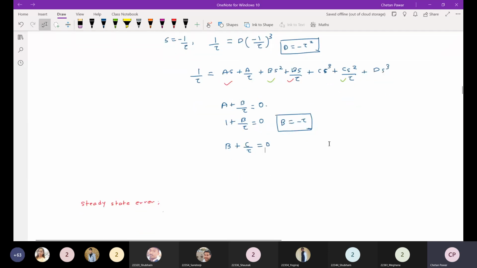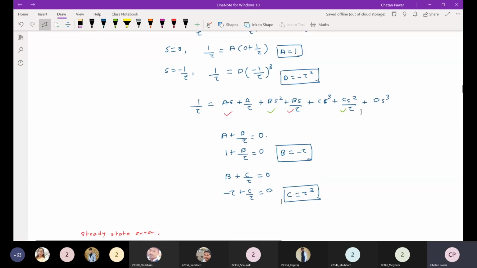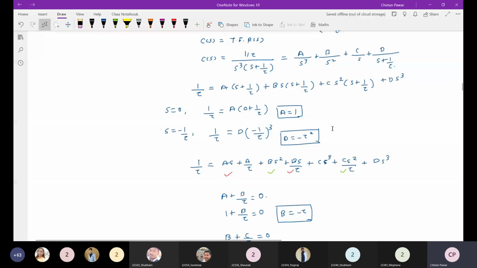Only two terms are there. So what is C? C will be tau square. Okay, is it right? Yes, sir.